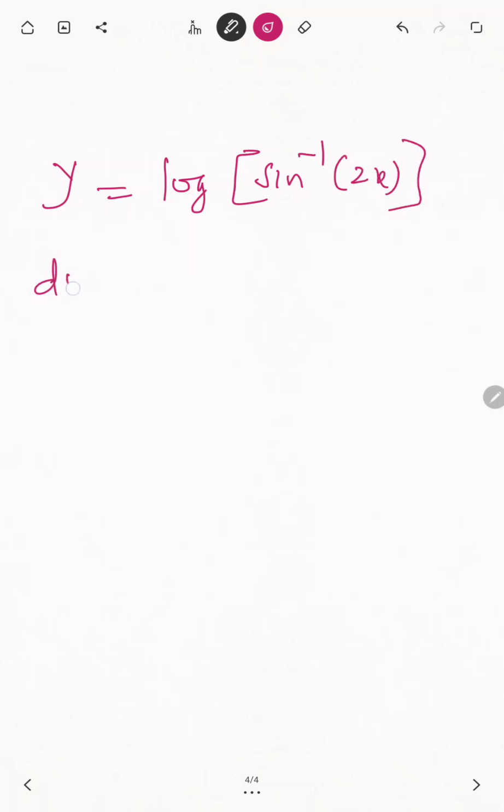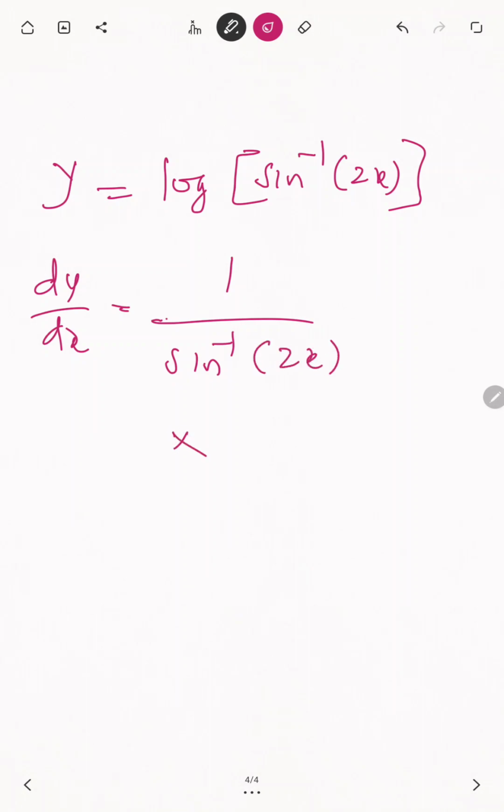Other function I am taking. Y is equal to log of sin inverse 2x. How to differentiate logarithmic function? 1 by function, 1 by sin inverse 2x. Then after that, differential of respective function. Respective function is inverse function only.